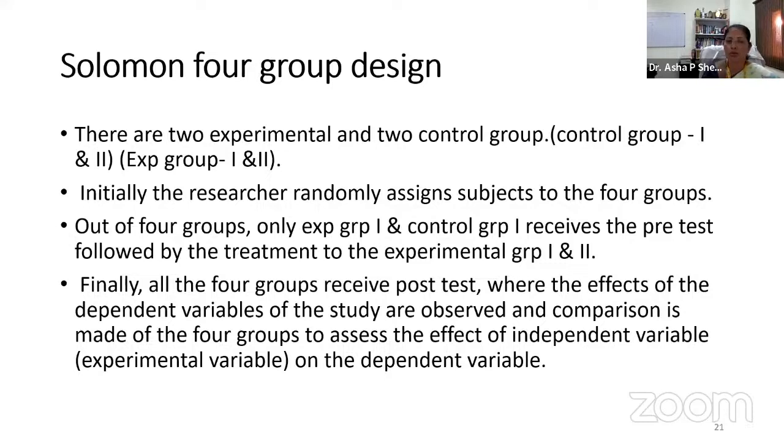Then all the groups will get the post-test, and the effect on the dependent variable is observed and compared among the 4 groups, so that the effect of the independent variable on the dependent variable is assessed. That means 2 groups are having the pre-test, 2 groups are not having the pre-test, 2 groups are having the intervention, 2 groups are not having the intervention, but all 4 groups are having the post-test.